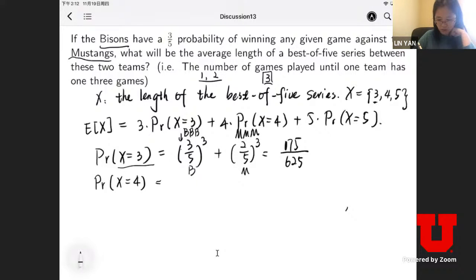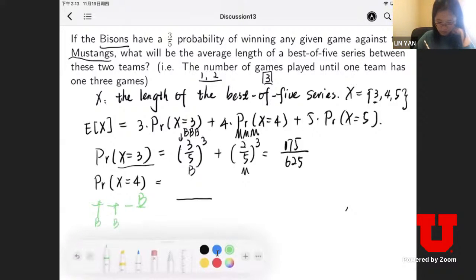So what's the probability if Bisons win in 4 games? And still, we need to remember that if we want Bisons to win in exactly 4 games, which means for 4 games, Bisons should win the last one, and then you should choose 2 positions where Bison wins.